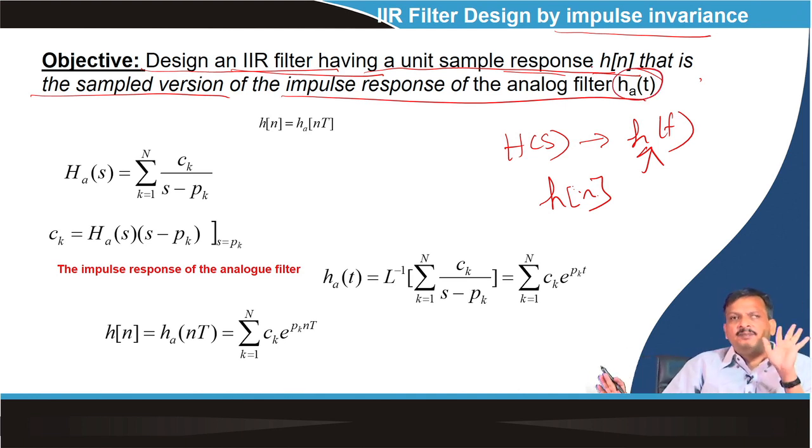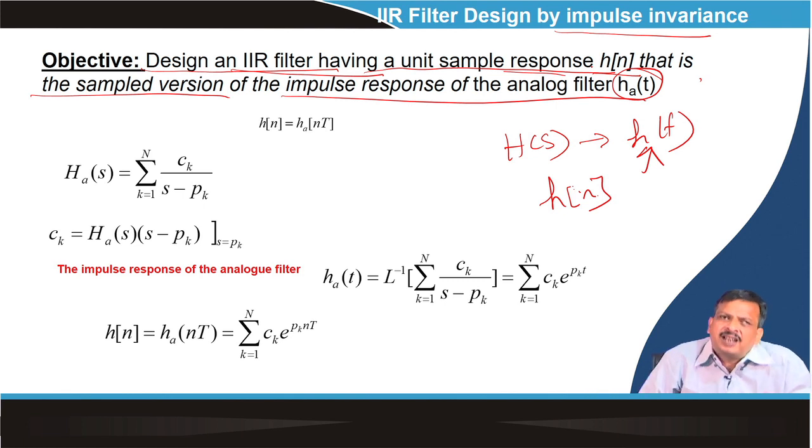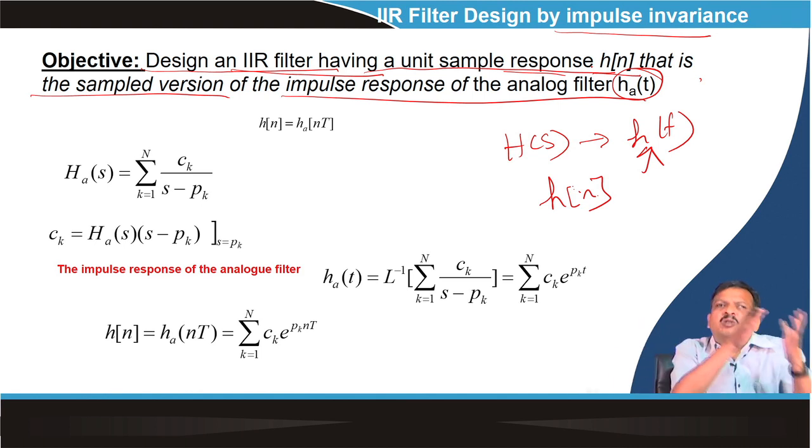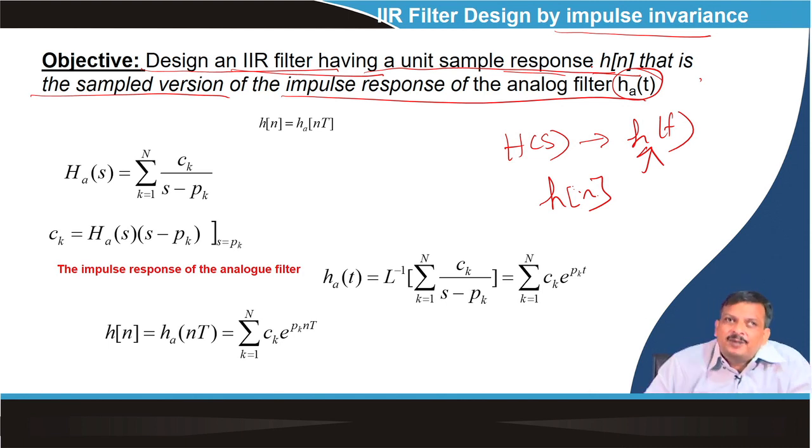Is it clear? So, I am designing the analog filter. So, I know the analog filter equation H_a(t), and then what is H of n? It is nothing but a sampled version, that is the impulse response of the digital filter. So, H of z is nothing but converting that analog domain to Z domain, which defines my H of n.